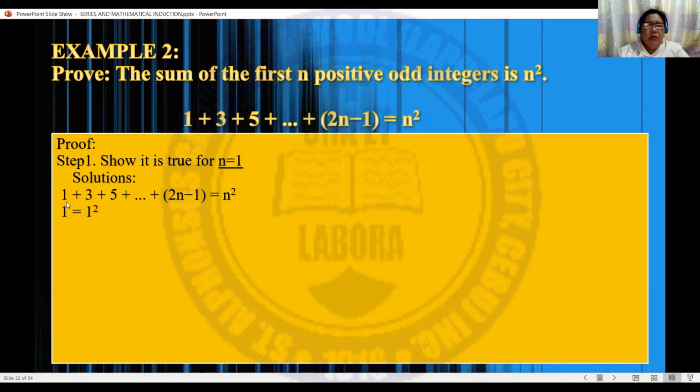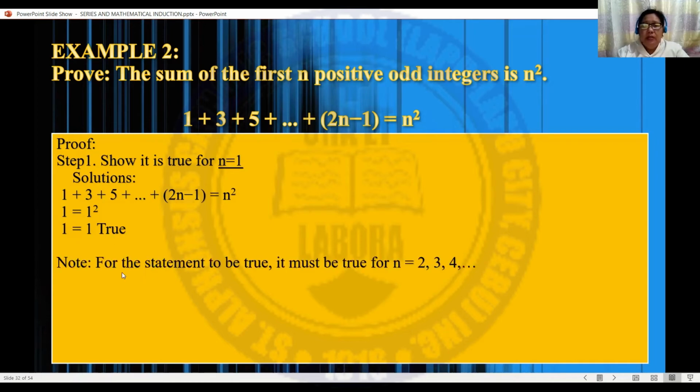So for n equal to 1, just take one term. 1 is equal to 1 squared. Change n into 1, and 1 squared is equivalent to 1. So 1 is equal to 1 is true. Take note, for the statement to be true, it must be true for n equal to 2, 3, 4, and so on.